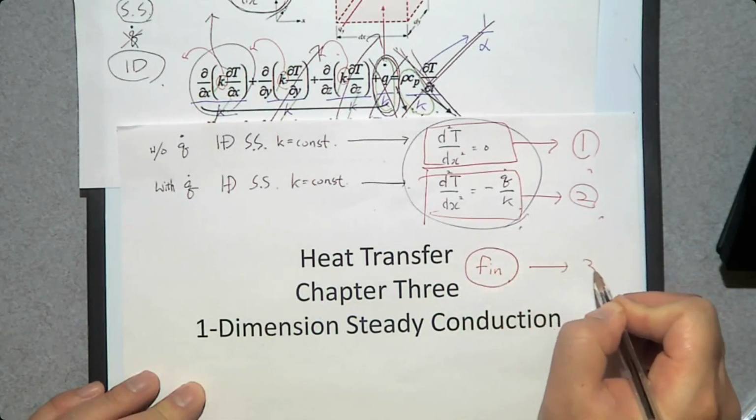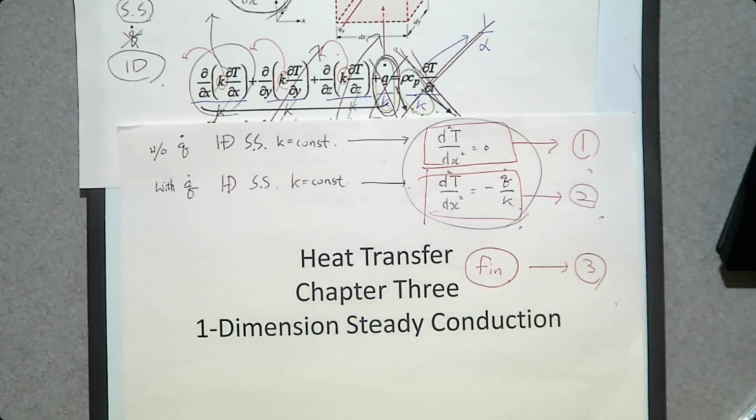So that will be the third part of this chapter 3. So we are going to study these 3 items in this chapter, okay? So in your second exam, which is the first exam of heat transfer, you will see 3 or 4 problems among these 3.